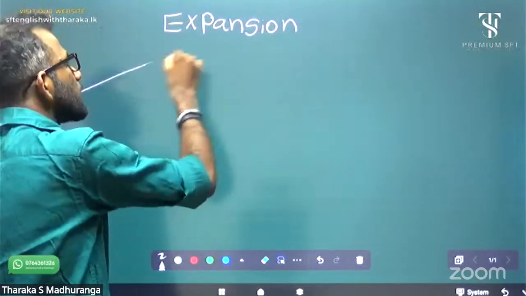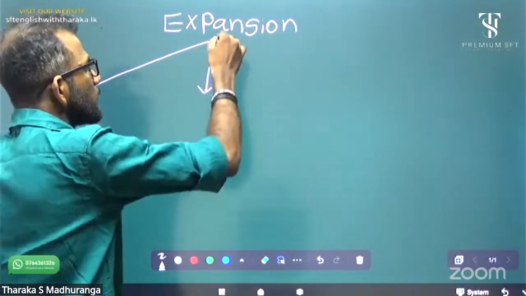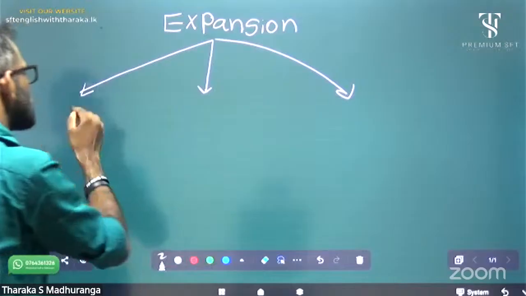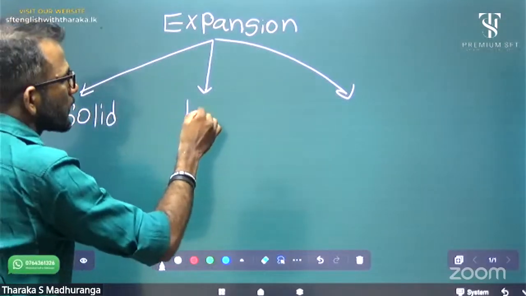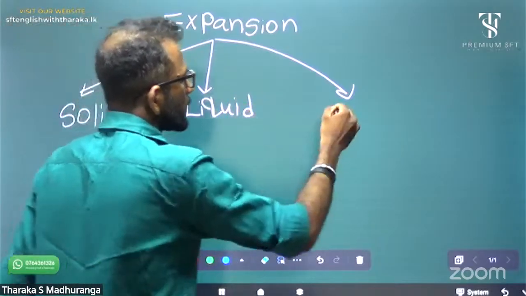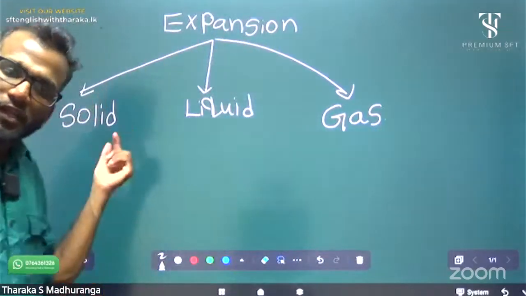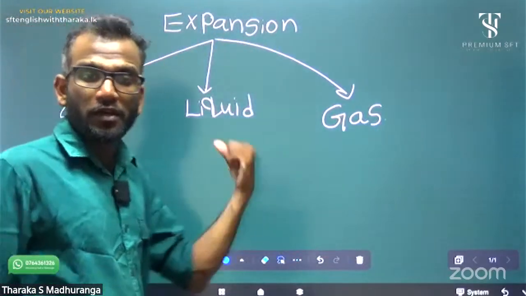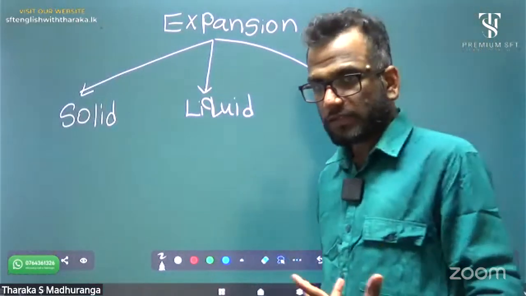According to material type, there are three types: solid expansion, liquid expansion, and gas expansion. Solid expansion, again, has three types.